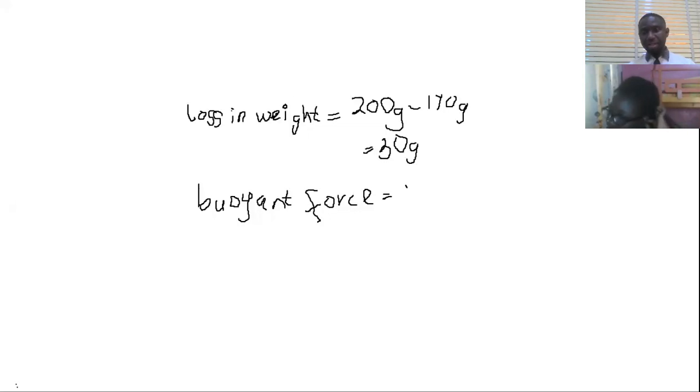The upward force is the buoyant force, which is also the same thing as the weight displaced. Yes, sir. Correct. So what will be the buoyant force now?